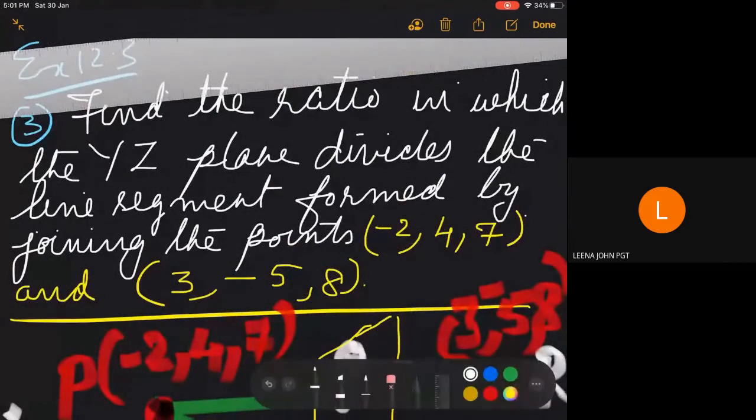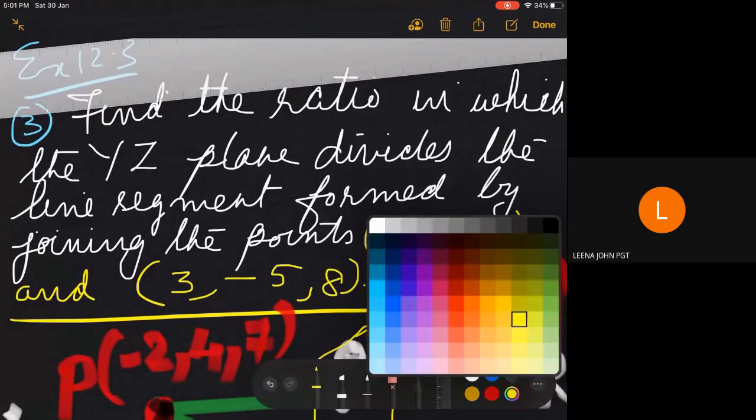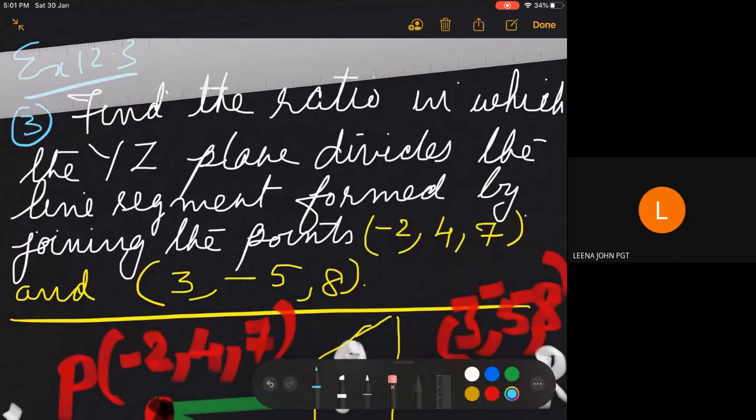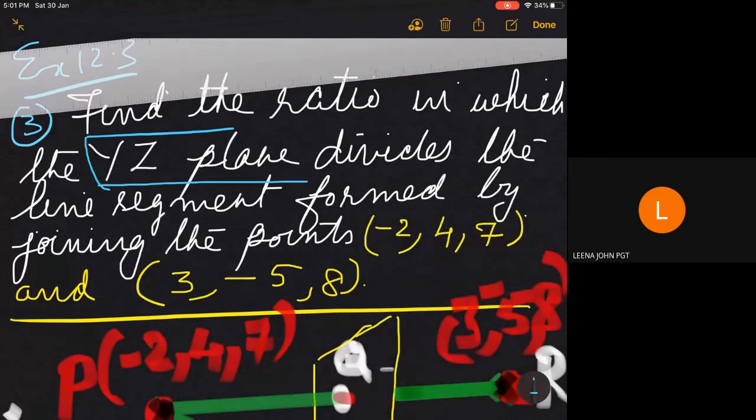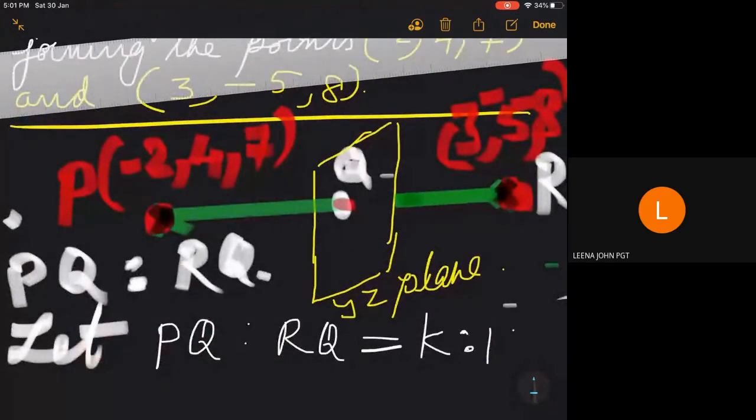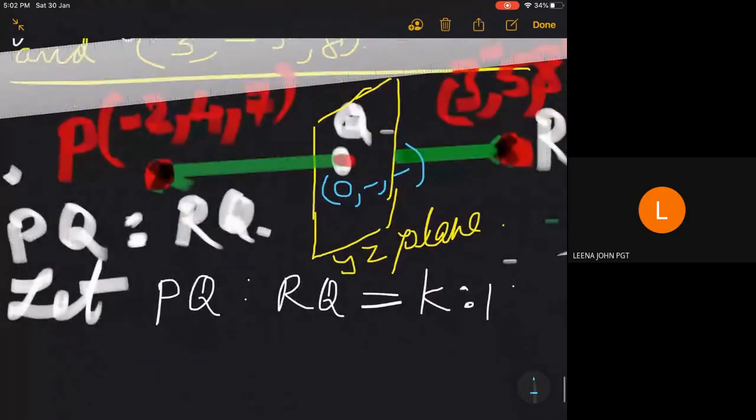What is the condition given here? You can see that this is a YZ plane. What is the speciality of any point on the YZ plane? Any point on the YZ plane will have its X coordinate 0. We do not know about the other coordinates, it can be any point, but the X coordinate of any point on the YZ plane is 0. So that property will apply.